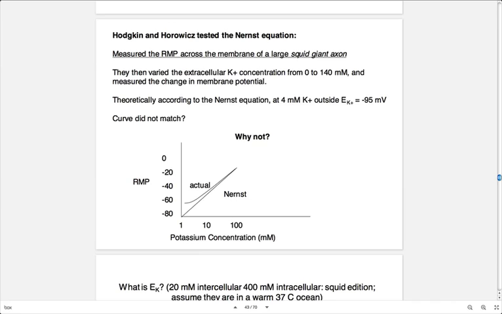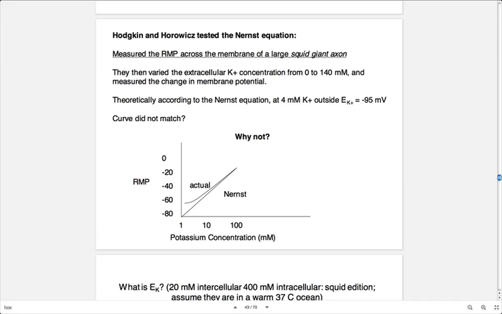They calculated the Nernst value for potassium concentration versus the equilibrium potential and resting membrane potential compared to the actual value. When you reach an equal potassium concentration, then you sort of level off, but before that, your curve is deflected.